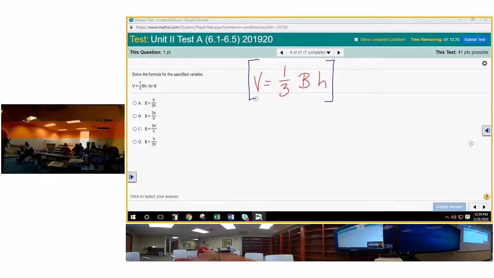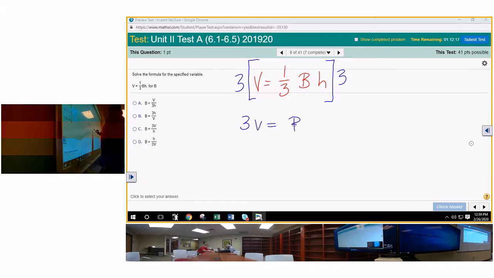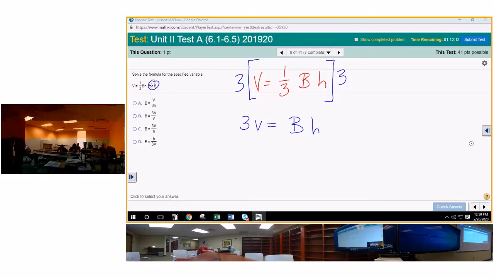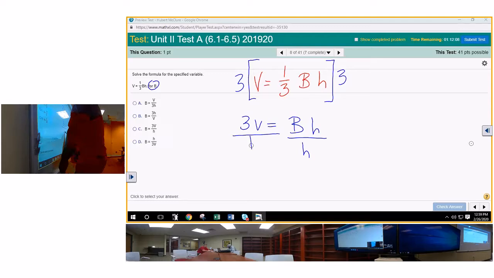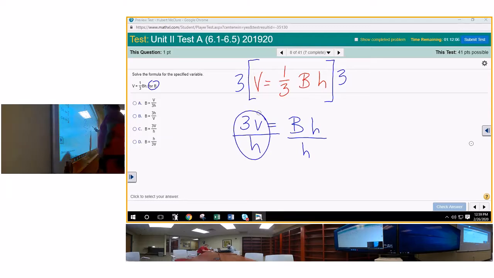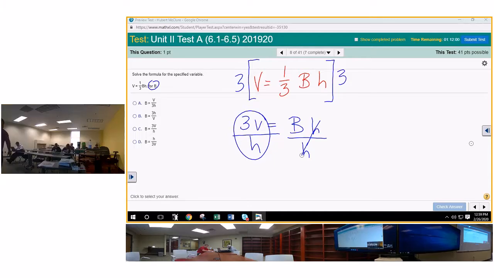Or the denominator, whichever one you want to say. 3v is equal to BH, and now I look to see what I'm solving for. I'm solving for capital B, so I divide by H. So 3v, so which one is that?